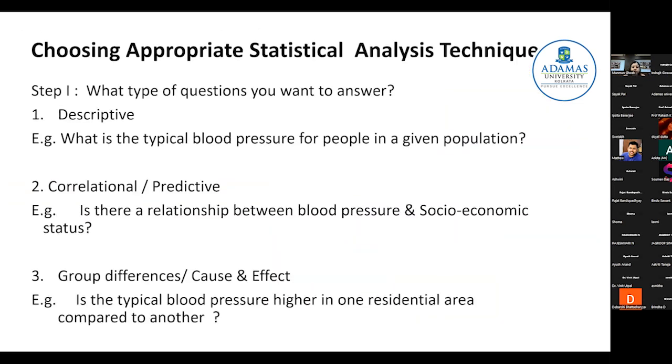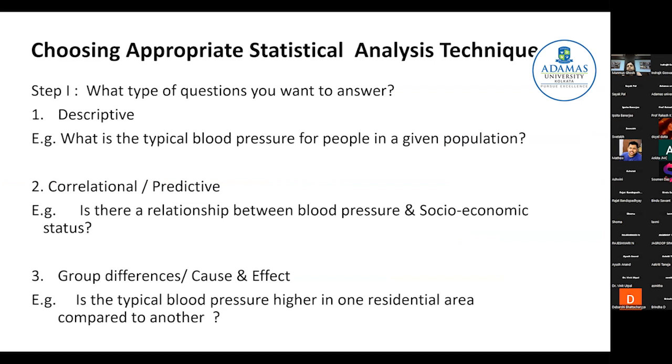Now I can give you certain questions. These questions will help you frame your research questions and compare them with what sort of statistical analysis to use when you have these types of questions in your research. For example, what's the typical blood pressure of people in a given population?